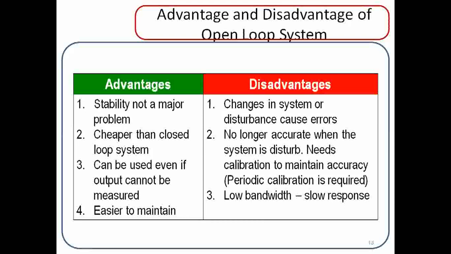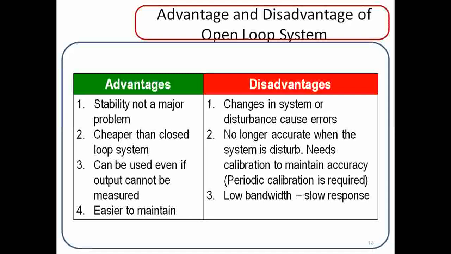It is very much cheaper than the closed loop control system, because the inspecting components in the closed loop control system carry a high economical factor. It can be used even if the output cannot be measured. So the output may or may not be varied, or may or may not be obtained to a certain level, and it is very easy to maintain.